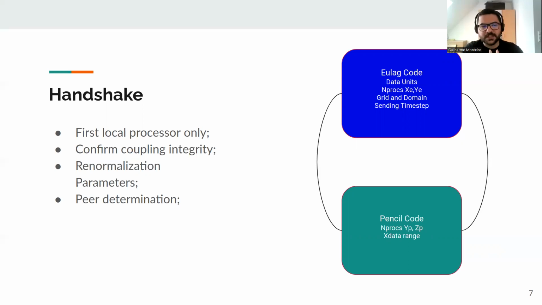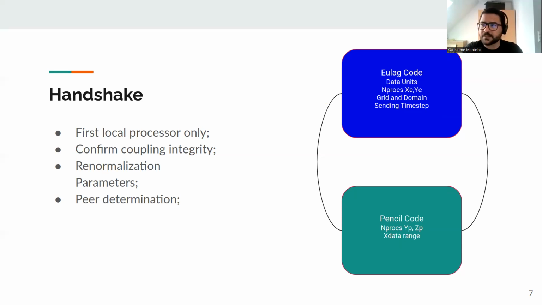In this case, we also confirm the couple integrity, which means checking the current state of the coupling, for instance. Both codes need to have the same number of processors in theta and phi. This is important, and we need to check this and other minor changes that might occur.